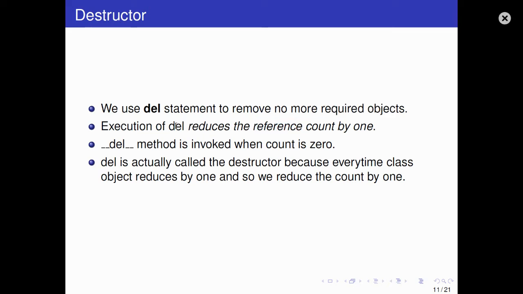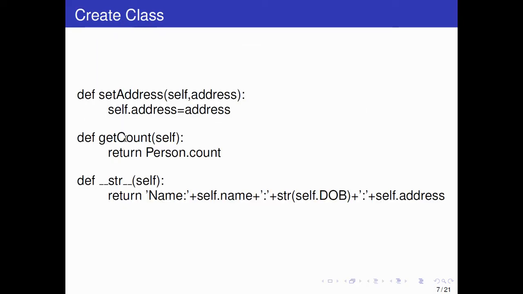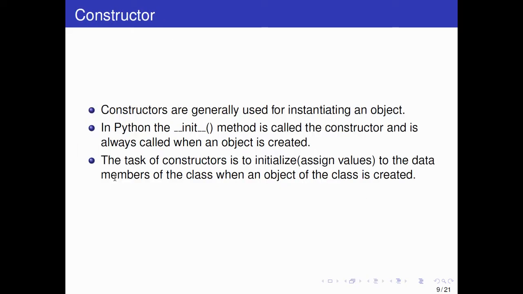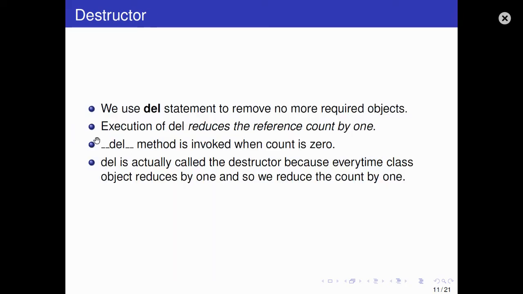Execution of delete, the __del__ method. The double underscore we use for the special functions: like __init__ we have used, and for string, here you can see we have used __str__. This is used for some special functions. So __init__ was here to initiate an object, and del here we'll use to delete.